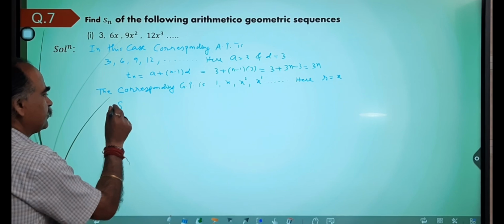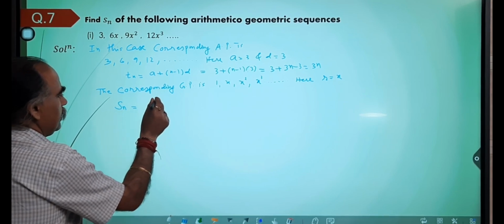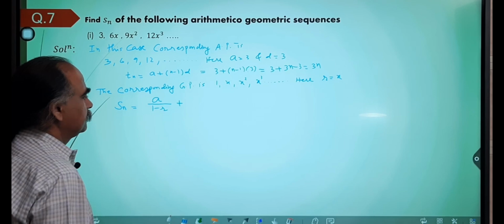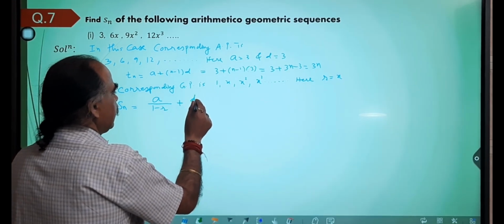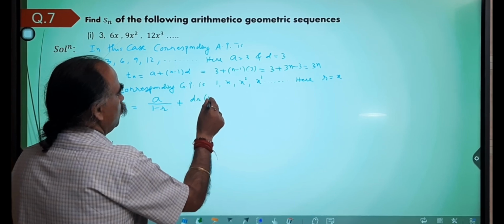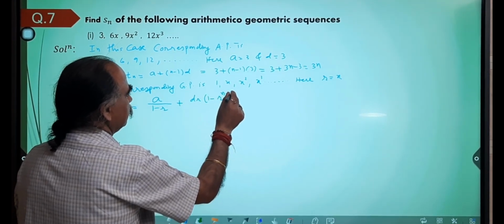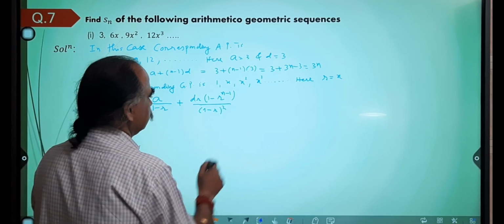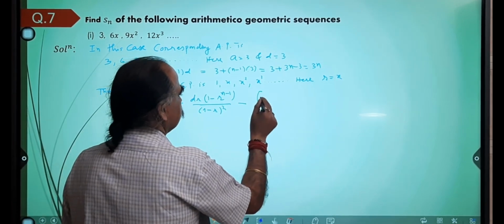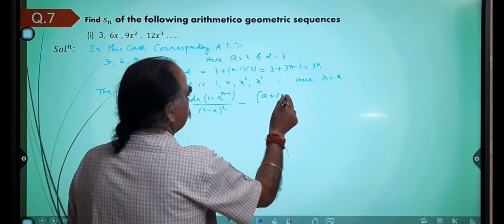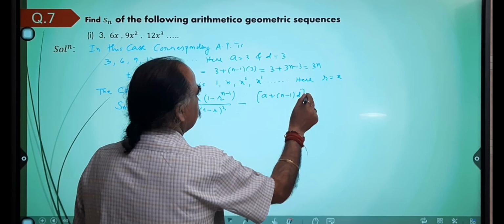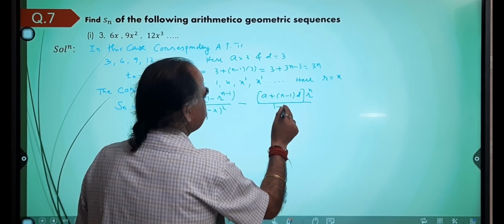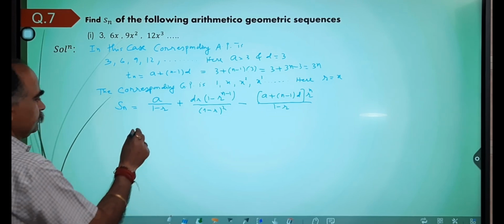Sn of AGP is A upon 1 minus R plus dR into 1 minus R raised to n minus 1 upon 1 minus R square minus A plus n minus 1 into d into R raised to n upon 1 minus R. Now replace the values.